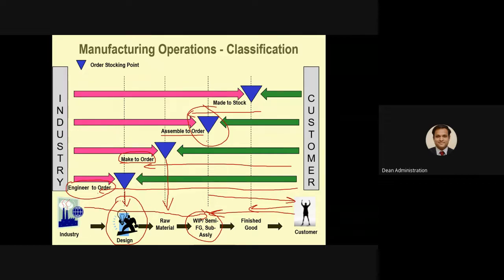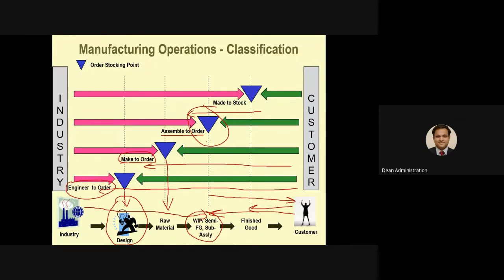But engineer to order is something like, suppose you want to have a new missile program for your country, right? So that's not very much what you would call standardized. You would have to do a lot of engineering. A carpenter doesn't have to do that much level of engineering to deliver the product.